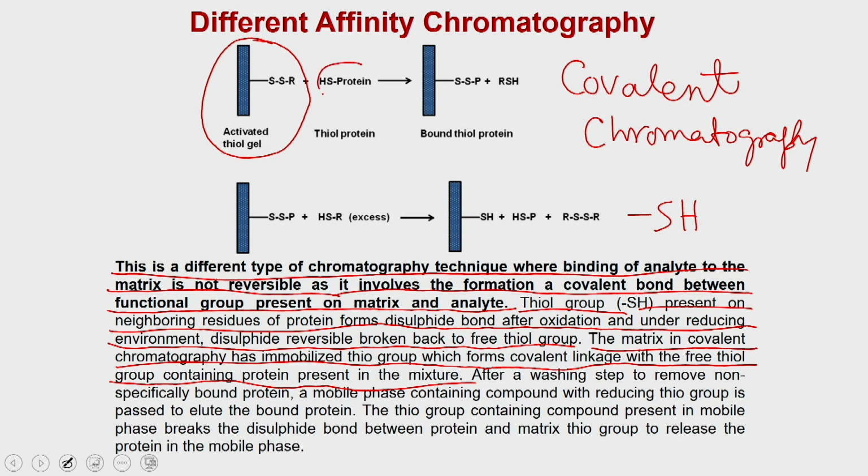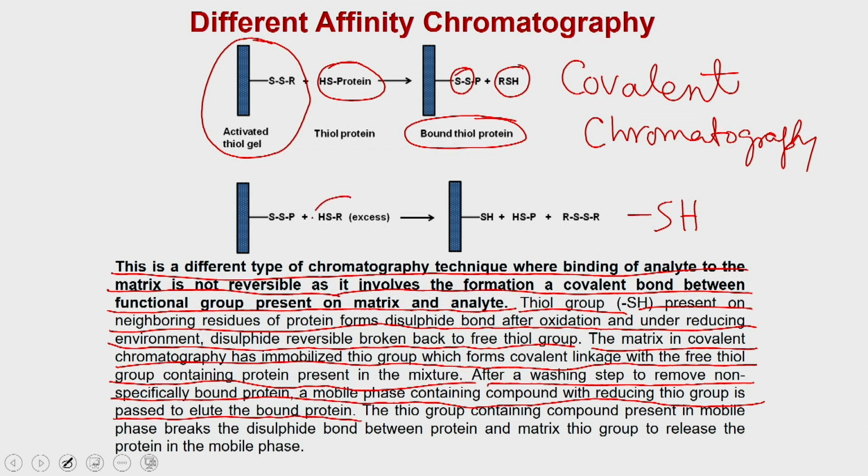Then you add your protein, which also contains free thiol groups, and under the reducing and oxidizing environment, the protein will bind covalently to the matrix with the help of a disulfide linkage, and the group which was attached to the matrix is released. Once this is formed, you do a washing step to remove the non-specifically bound protein, and then you add a mobile phase which contains the reducing thiol groups to elute the protein.